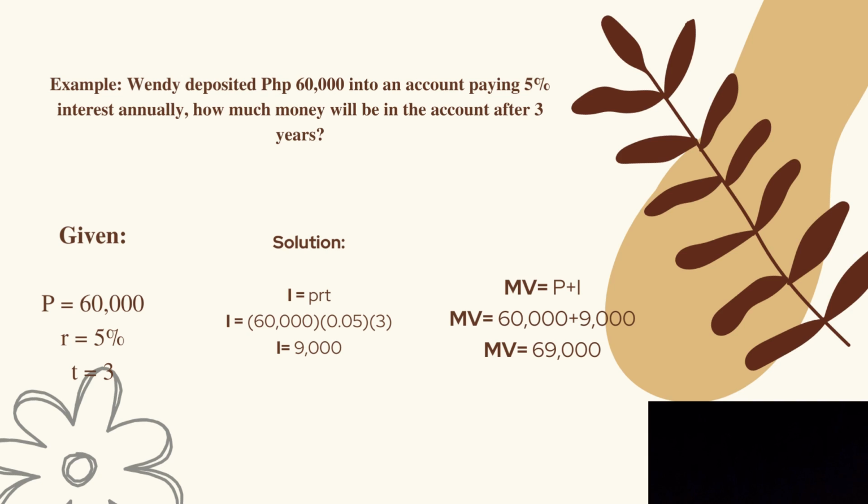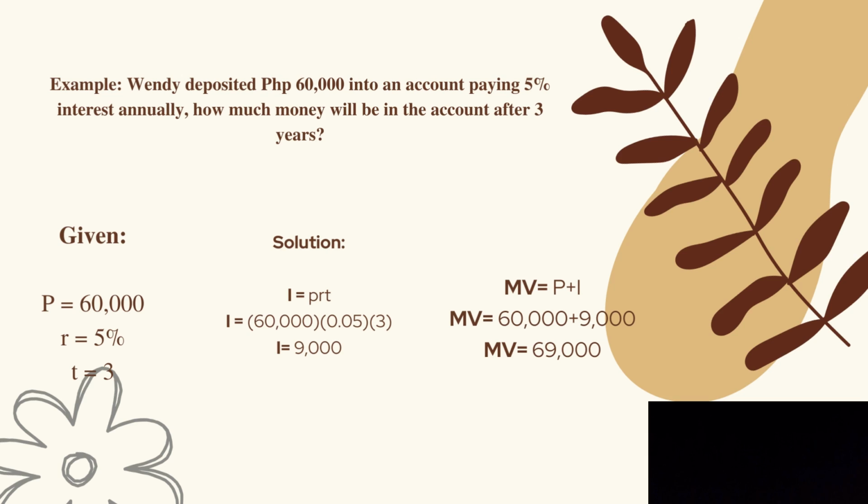For the solution, the formula is interest equals PRT. So, principal multiplied by rate multiplied by time. So what will happen is 60,000 multiplied by 0.05 is equal to 3,000, and then multiply 3,000 by time, which is 3, and then you'll get the answer 9,000.